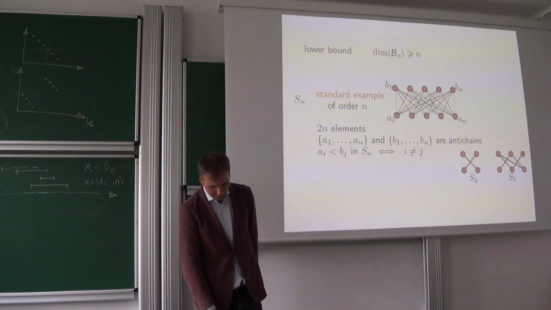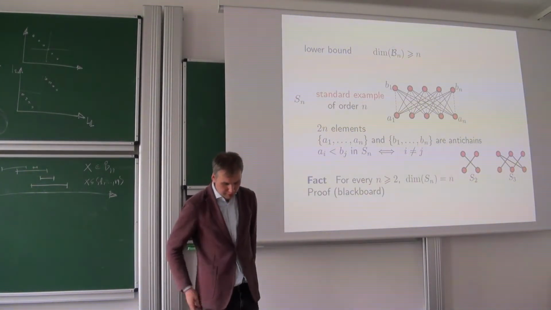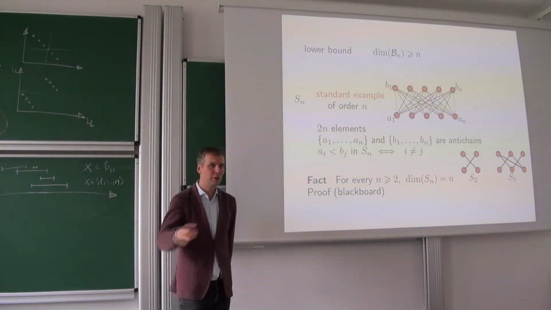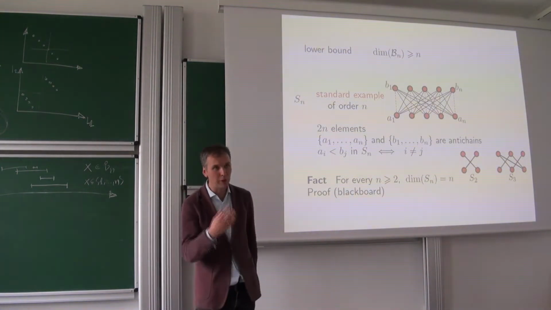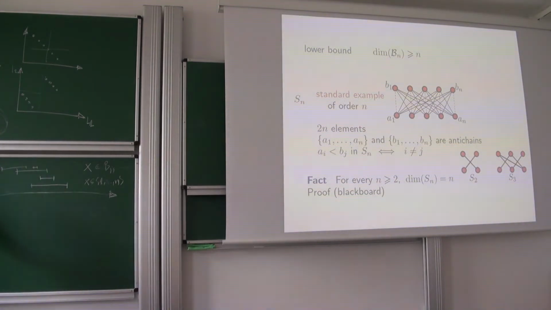So you can find a standard example of order n in a Boolean lattice of order n. The claim is that the standard examples drive dimension up. Actually, the upper bound you have already seen because we mentioned how to do it for the whole Boolean lattice. The lower bound still is the thing. But now I really give you the argument.